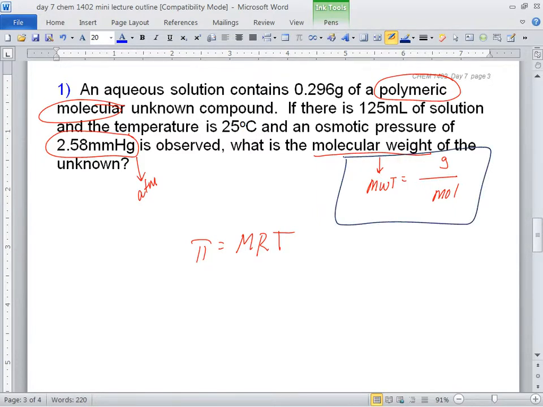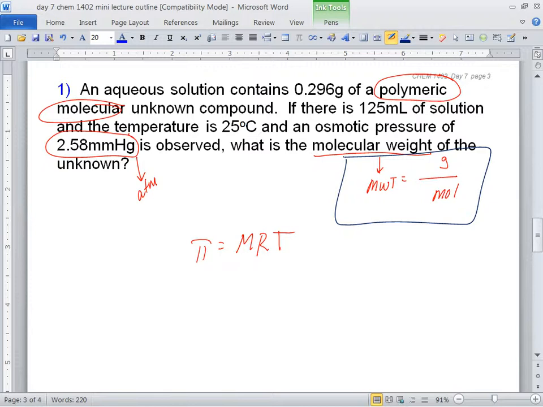How are you going to find your grams or your moles? Jose, you got an idea? How are you going to find the grams or the moles? An aqueous solution.